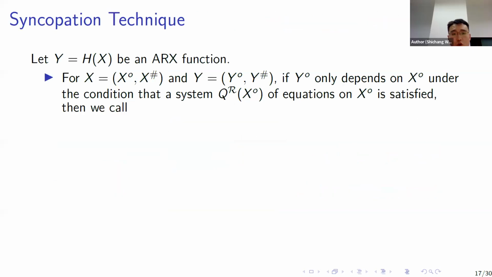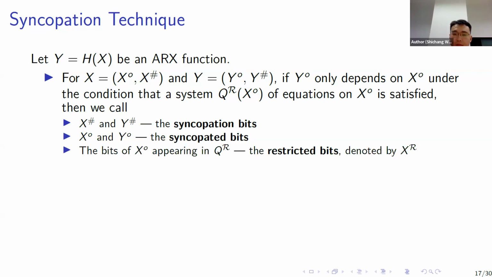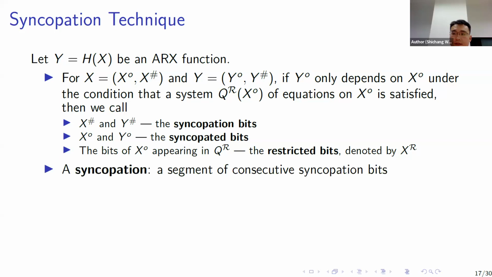Here is a definition for describing the syncopation technique. Let y equal an ARX function of x. If y0 only depends on x0 and the condition that a system of equations on x0 is satisfied, then we call x0, y0 the syncopated bits, and the bits in x0 appearing in the equations restricted bits. Consecutive bits of each word is called a segment.